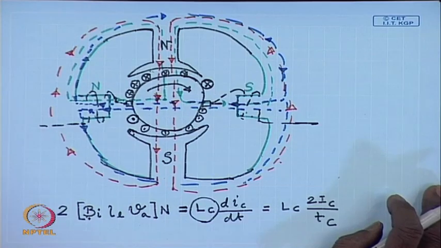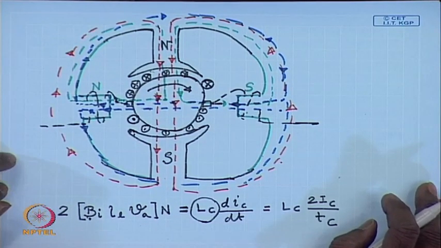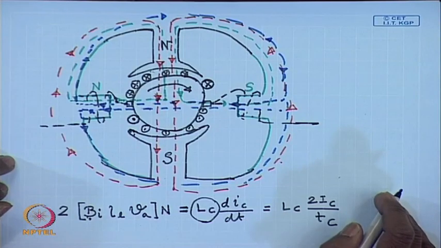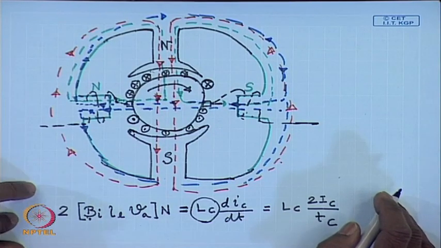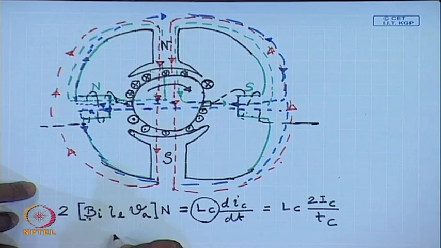Once we have found the required flux density Bi, the required ampere turns for the interpole can be calculated as follows.